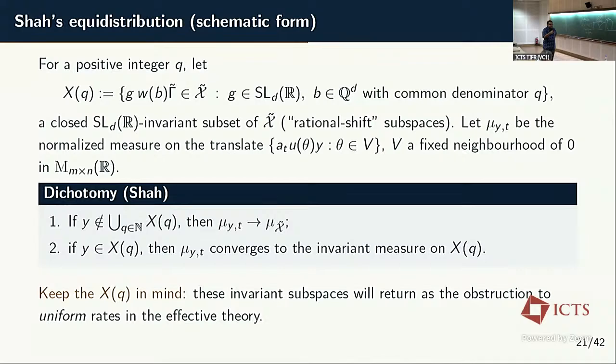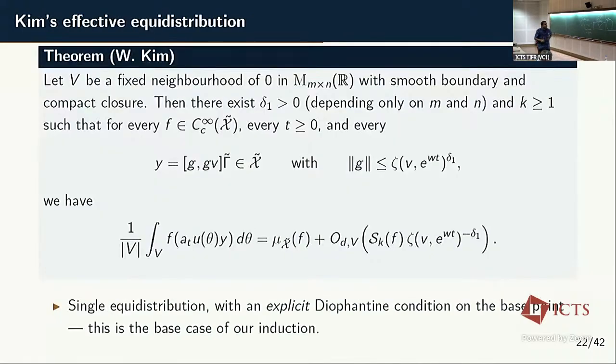Okay? So the first thing that we will do is we want to get some quantitative version of this. And this is a beautiful theorem proved by Woo-Yeon Kim, a young Korean mathematician. And Woo-Yeon says, okay, I want to start off not trapped on the rational subspace. And I'm going to quantify that using a certain function zeta. So let me start with a coset in the space of affine lattices comprising a matrix g in SL_d(R) and g times v, a vector in R^d.